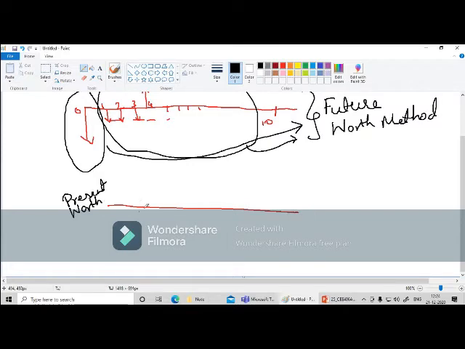If you convert all the values which is been divided across all the years, we call it as annual worth. Please make a note of this. If you convert all the values to the end, means to the end of useful life, we call it as future worth. So hope you understood.